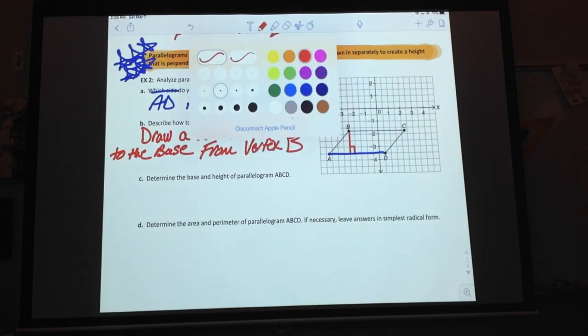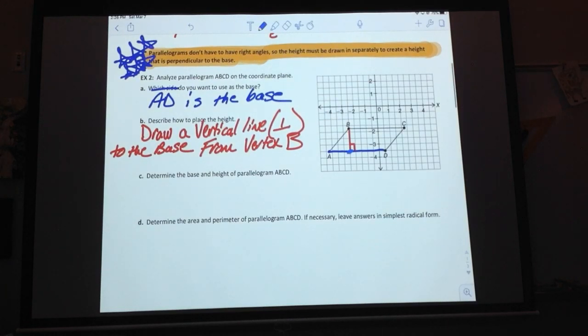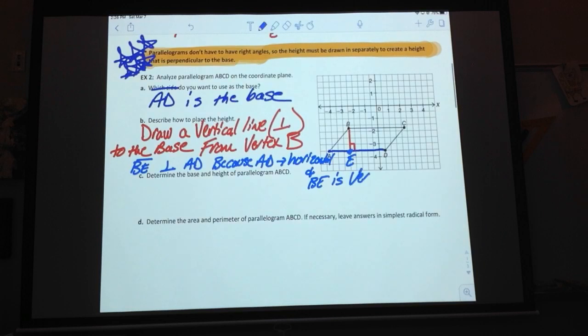Remember, and I'm going to label this E, okay? So this becomes E down here. So that point right there is E. So remember that BE is perpendicular to AD because AD was horizontal and BE is vertical, right?